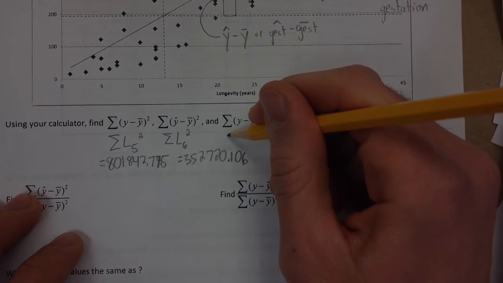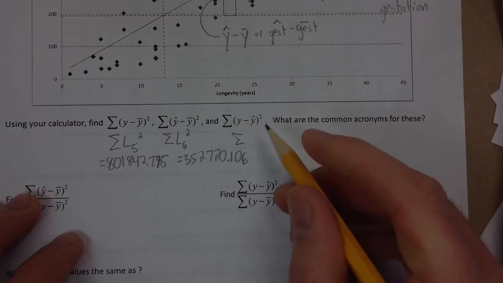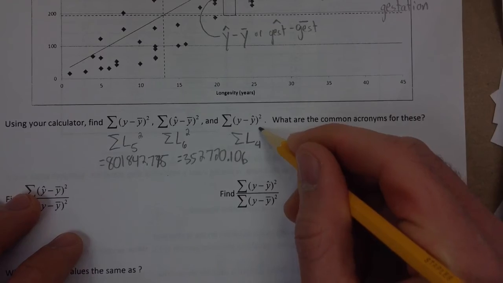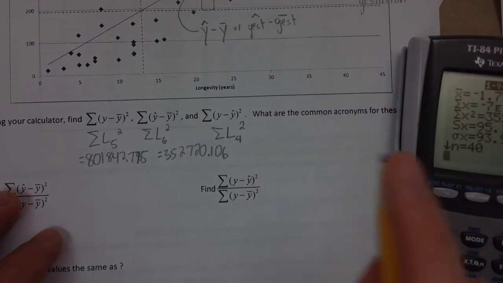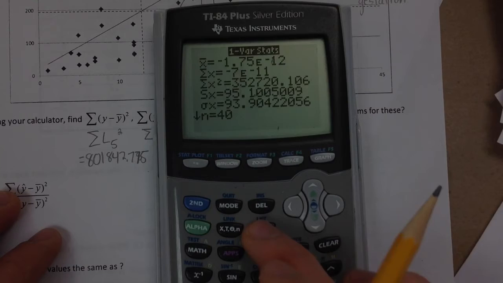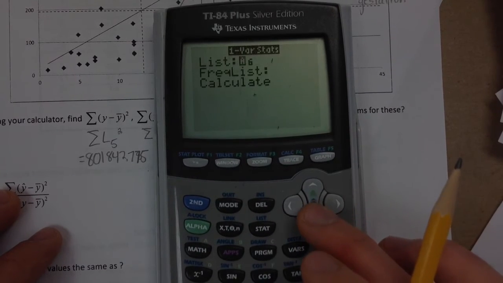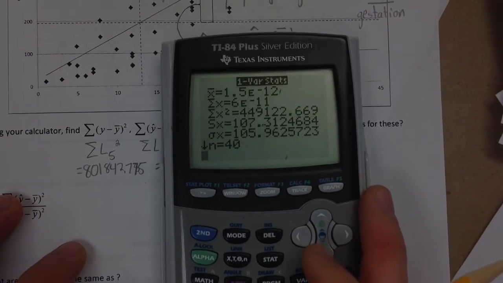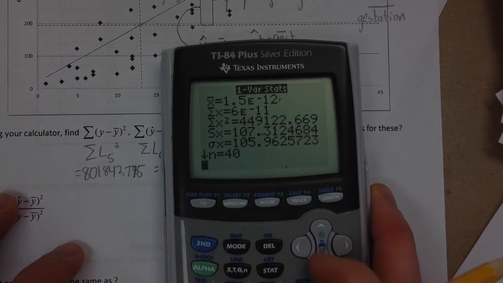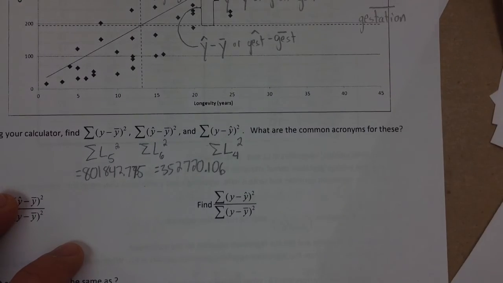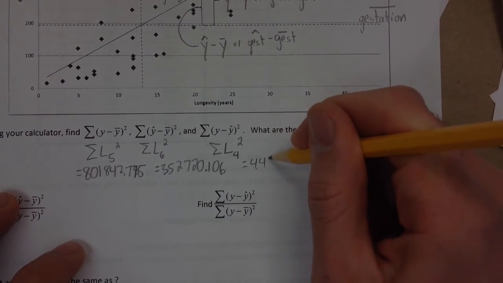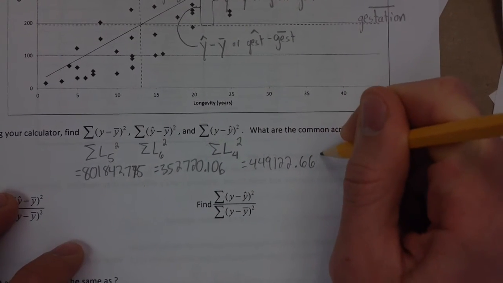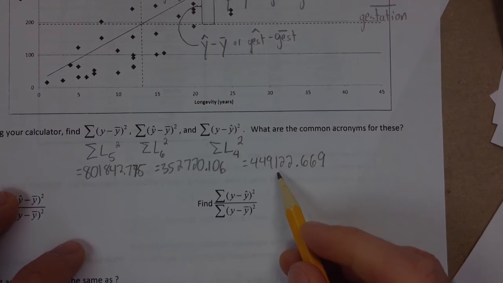And the last one, what list? L4. Nice. Okay, these are our residuals. Yeah, this is some high-level stuff you're doing, so if you're getting this, give yourself a pat on the back. If you're not, that's okay too. I'm here to help you. 449,122.669. This is a measure of overall error.